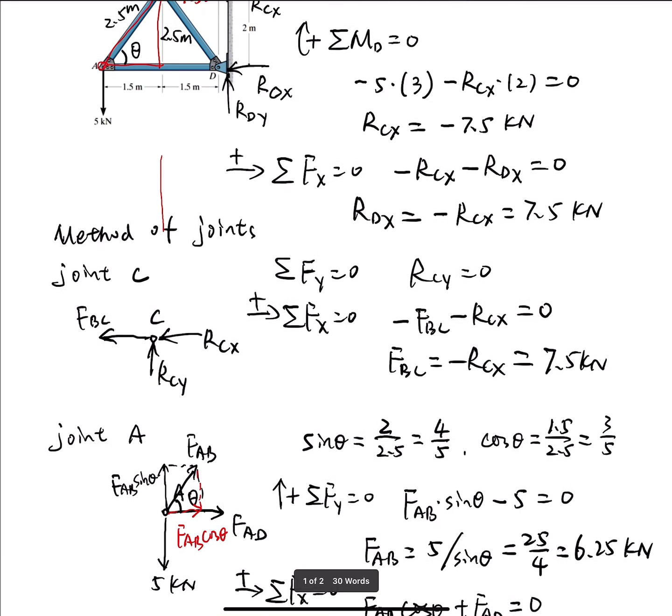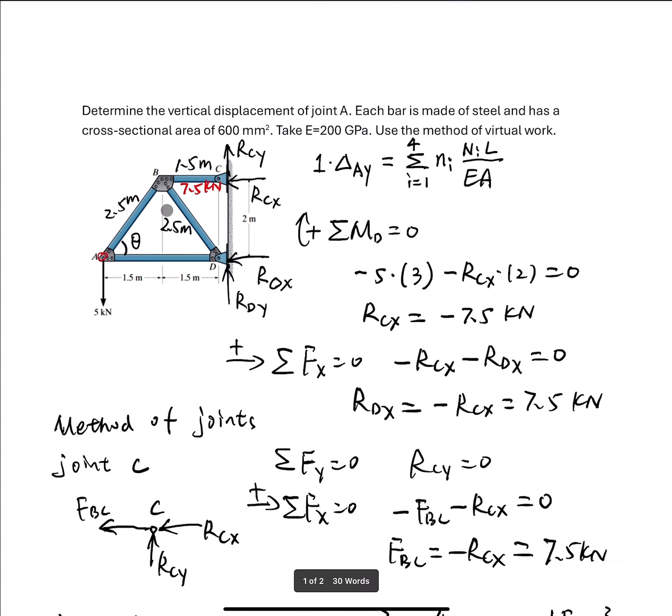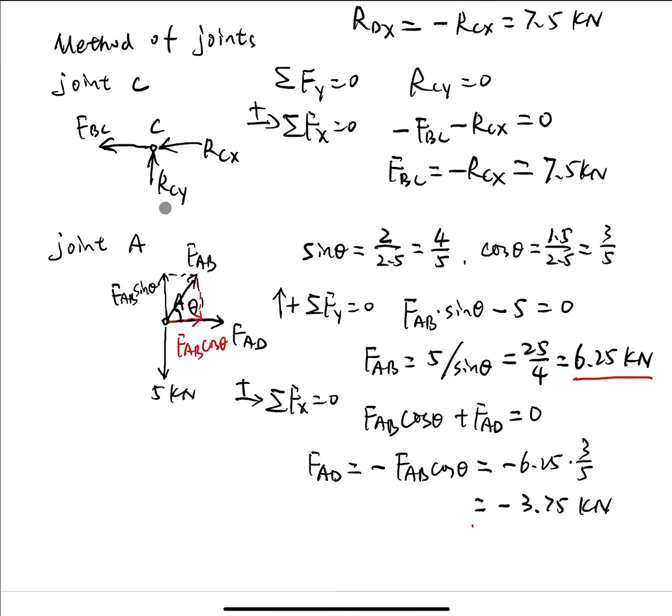So look at what we got. Let's move this. We got BC is 7.5 kilonewton. We calculated FAB, FAB is 6.25 kilonewton, a positive value, and FAD is negative 3.75 kilonewton.